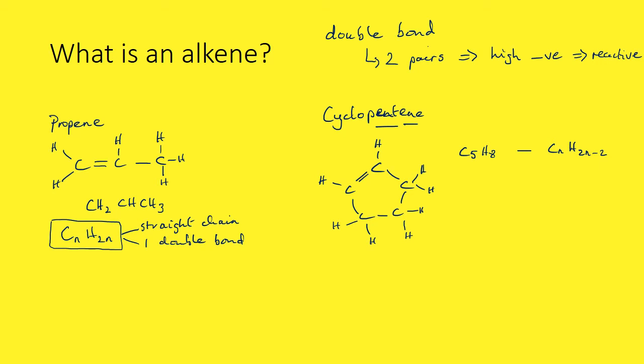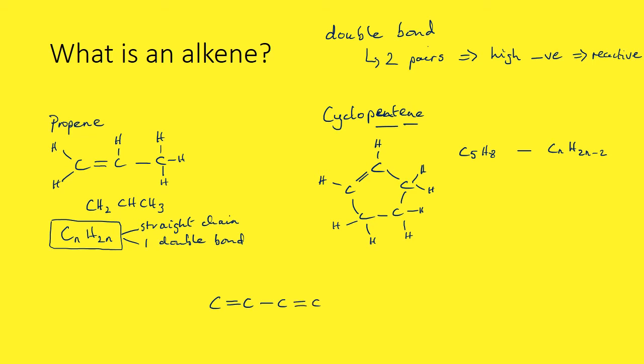So let's do another example. This time let's do an example of an alkene that has 2 double bonds. So let's do an alkene like this. Let's draw it first and then name it, just to be different. So we've got 1 double bond. Let's say we've got a single bond there.